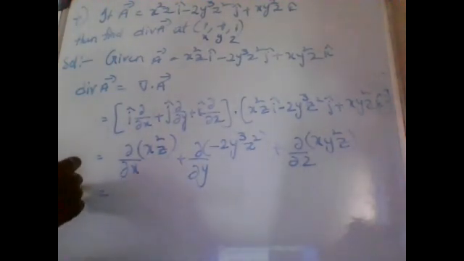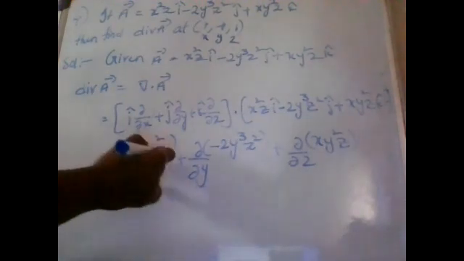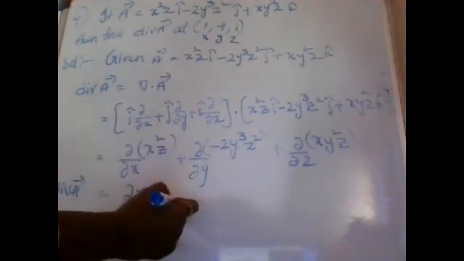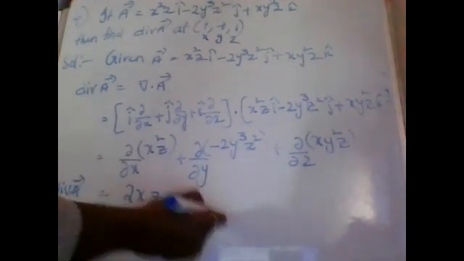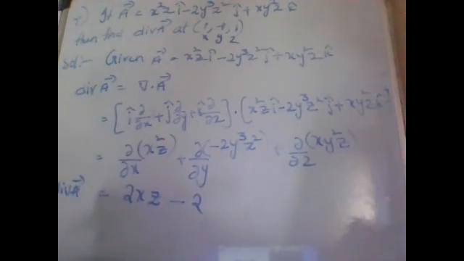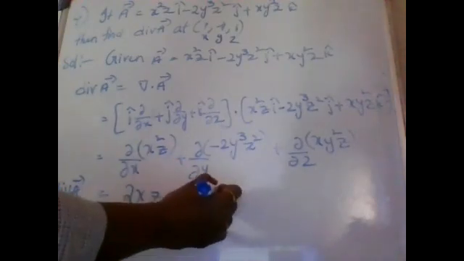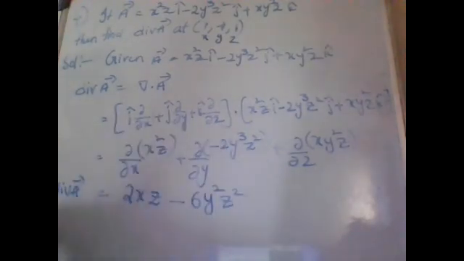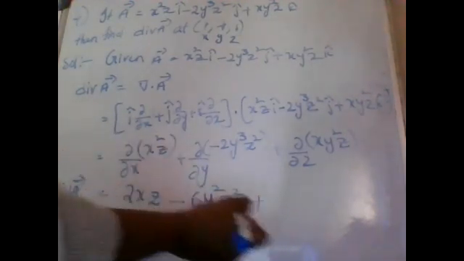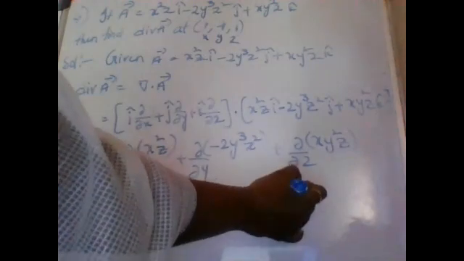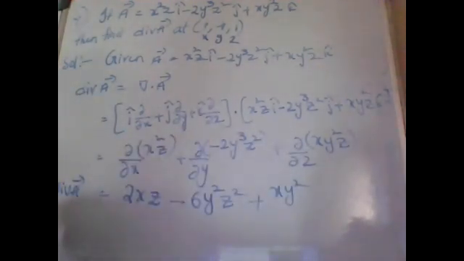Then minus 2 is constant, and y³ differentiates to 3y², so 3 into 2 is 6, with z² constant. Then in xy²z, x and y² are constant and z differentiates to 1, giving xy². This is the divergence of A.